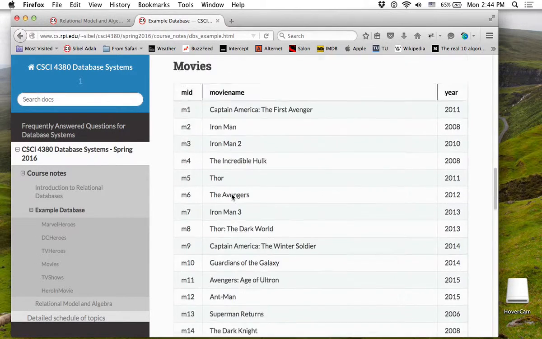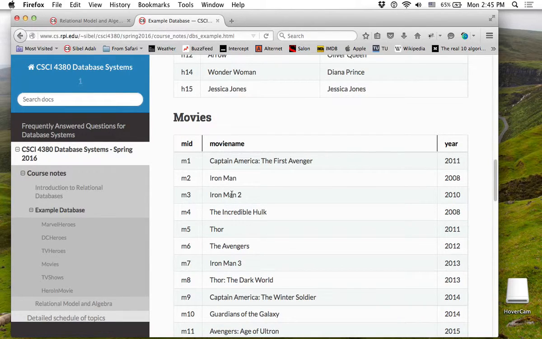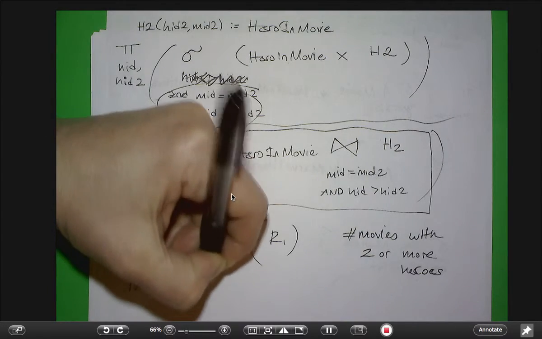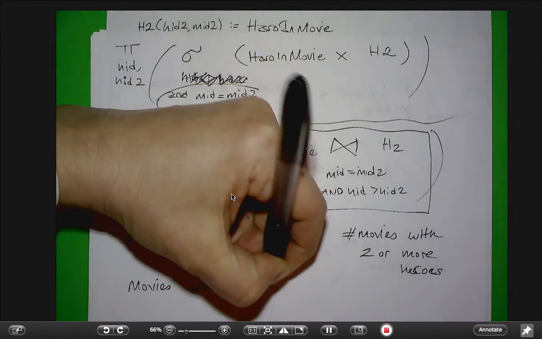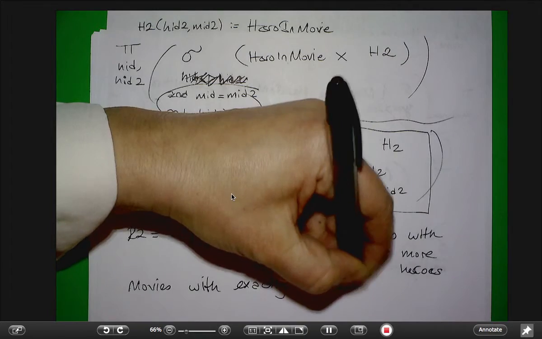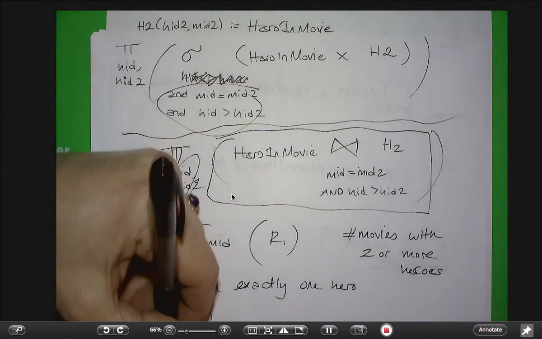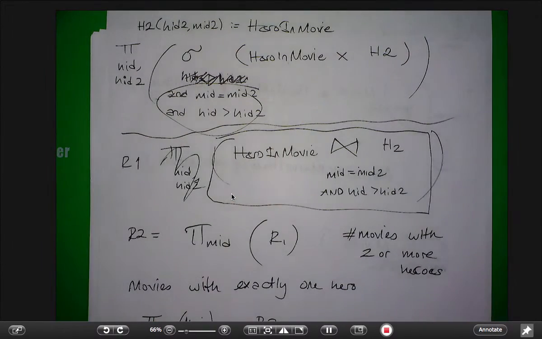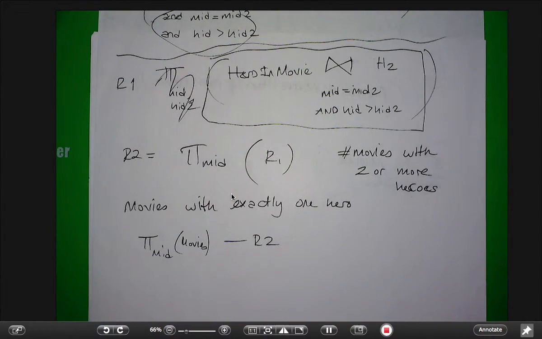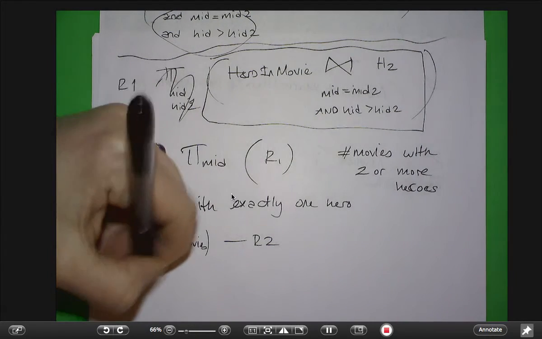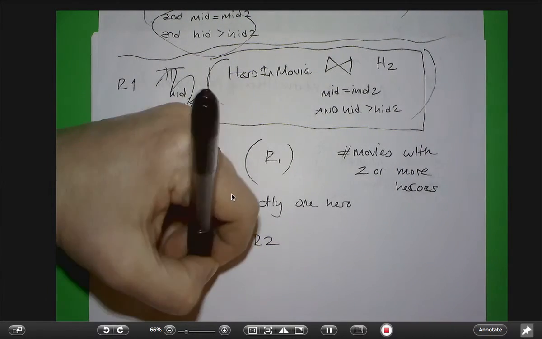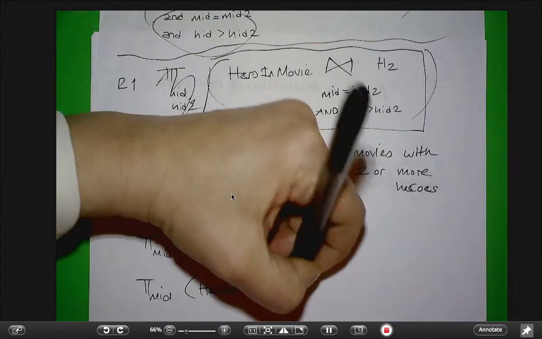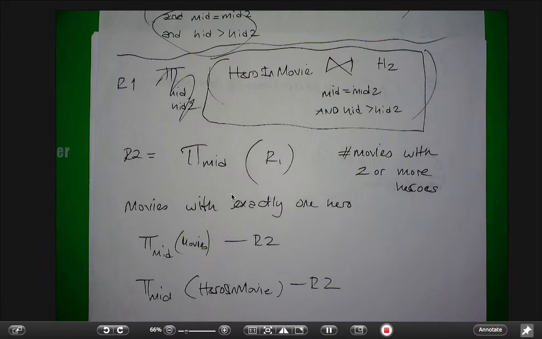So I can find all movies, project movie ID from movies and subtract that too. Or I can project hero in movie and subtract R2. Are they the same?